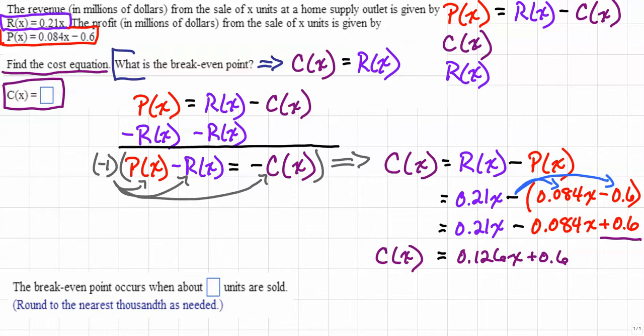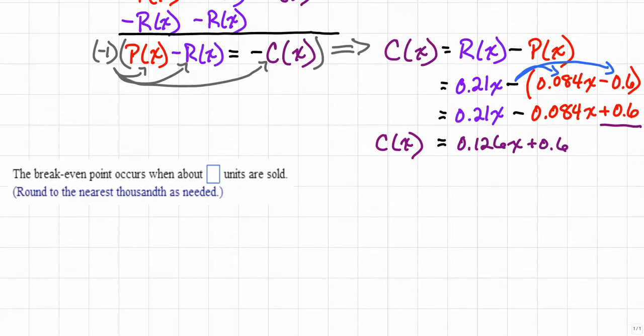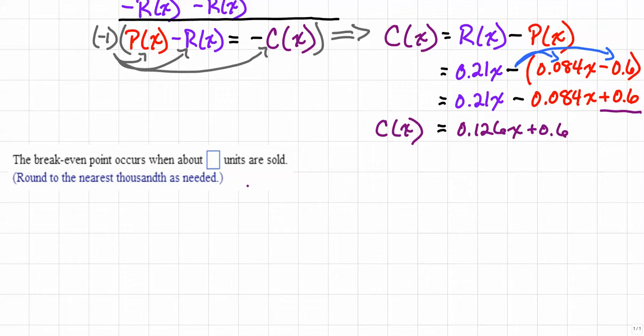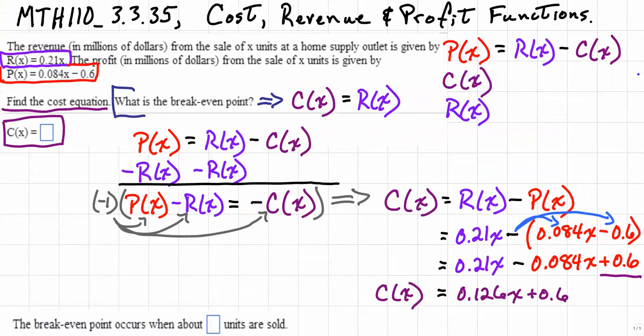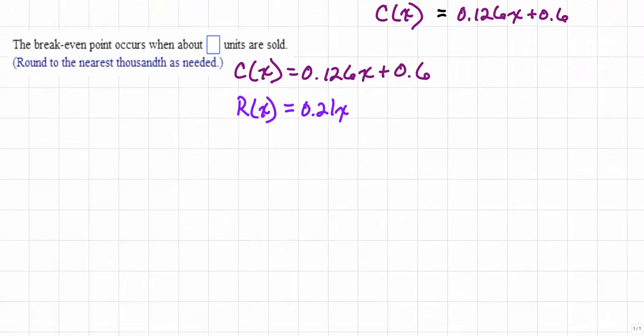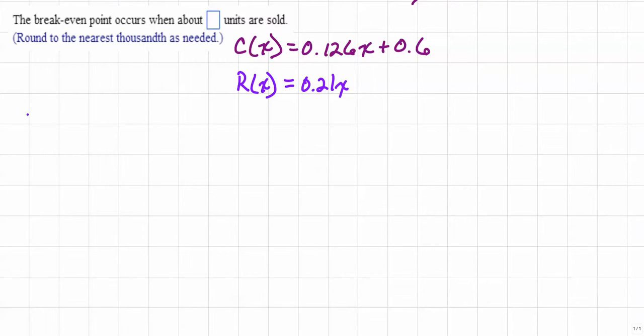We know the cost function is C of x equals 0.126x plus 0.6, which we just determined. And we know the revenue function is given by 0.21x. If you didn't remember that, we could simply scroll back up and look at where the revenue function is written.